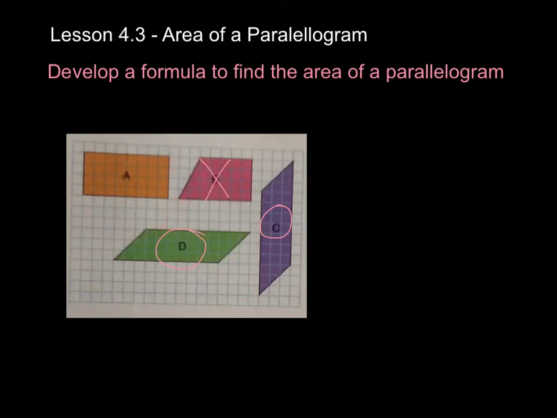So a rectangle is an example of a parallelogram. That being said, not all parallelograms have to be rectangles. D and C are not rectangles, but A is. So A is kind of a subset of shapes within parallelograms. So looking at these, A, C, and D are parallelograms.